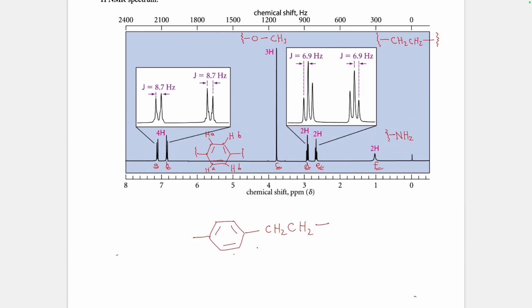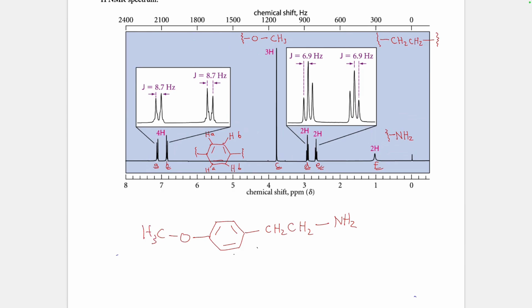They're below 3. So in order for this to have the exact right chemical shifts, the NH2 has to go here. NH2 has an effect on the protons that it's next to. It deshields them, but nitrogen isn't as electronegative as oxygen, so it doesn't deshield as much. So this is the best arrangement. And then the OCH3 would go on the other side.